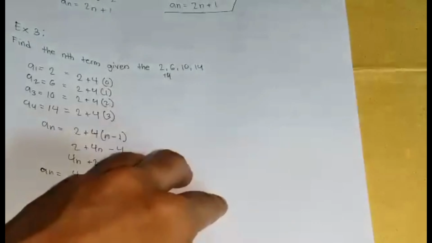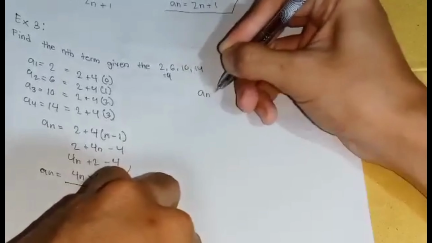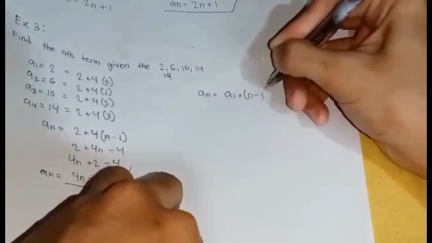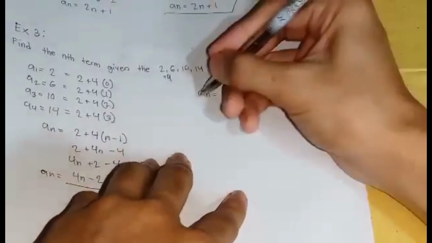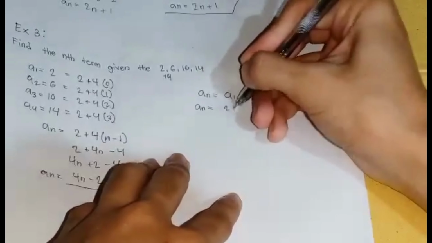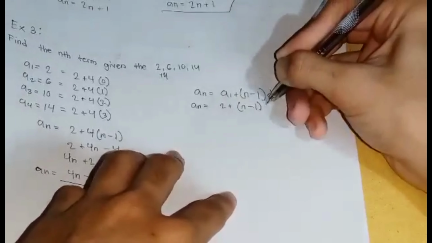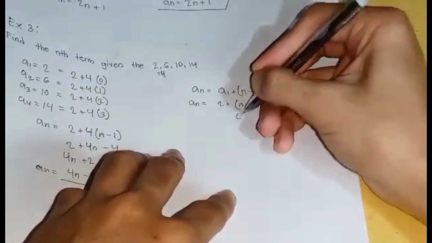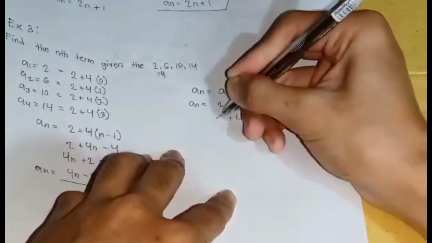Gawin ulit natin yung formula. Ano ulit ang formula? A sub n equal to a sub 1 plus n minus 1 and common difference. So, a sub n equal to a sub 1 is 2 plus n minus 1 and common difference is 4. 4 times n is 4n. 4 times negative 1, negative 4 plus 2.